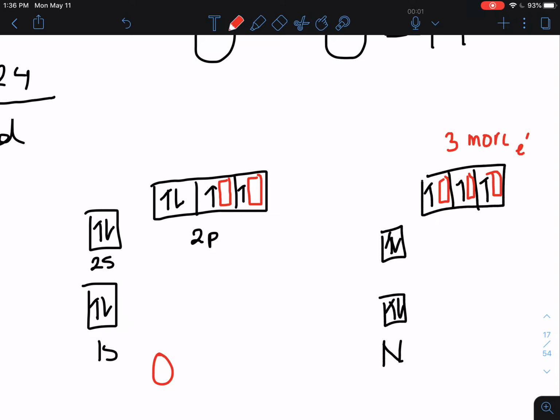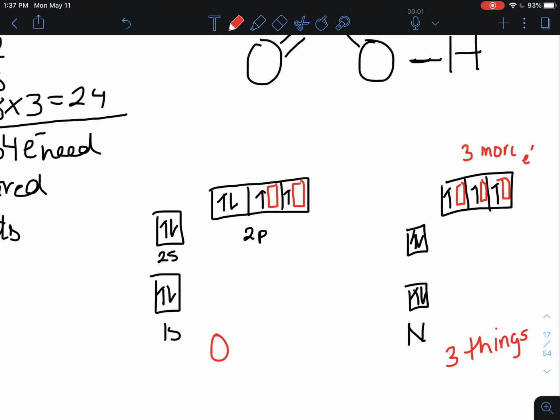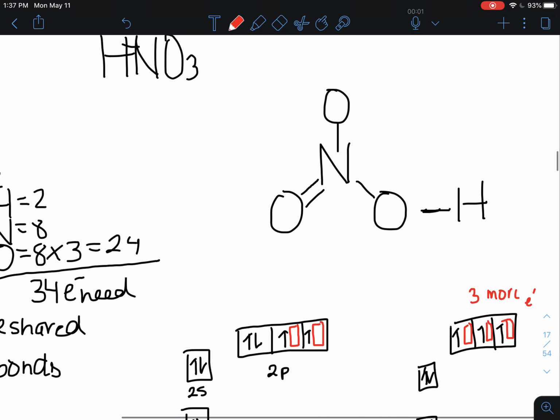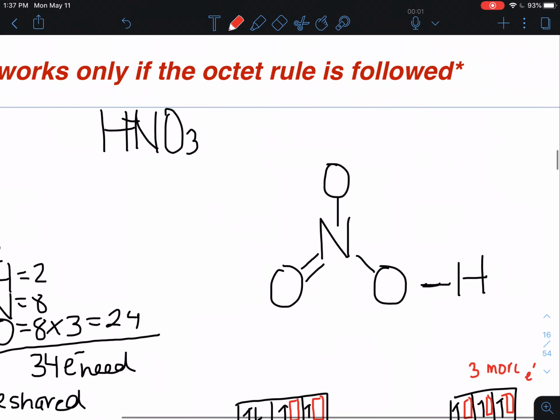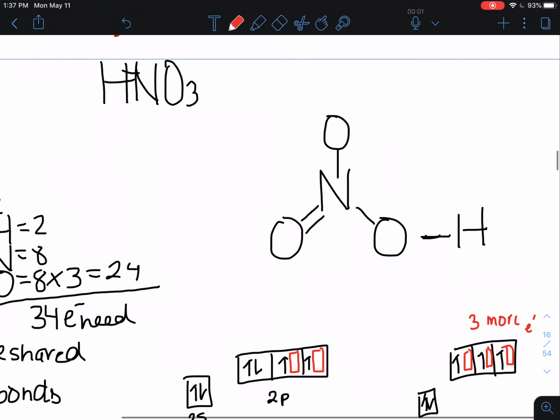Ideally, nitrogen likes to be bound to 3 things, because it only has space for 3 more electrons. So that's just a little preview for organic chemistry for you guys, and this is also helpful for Lewis structures.